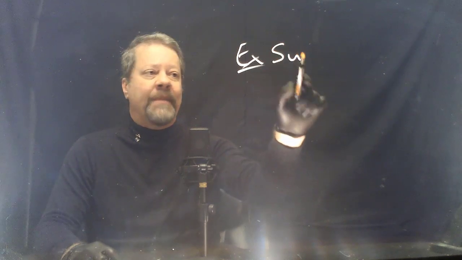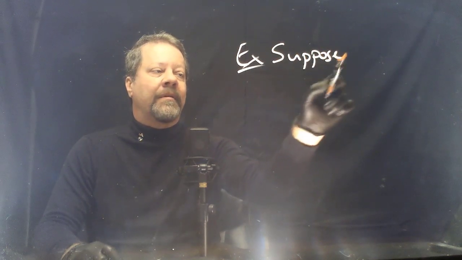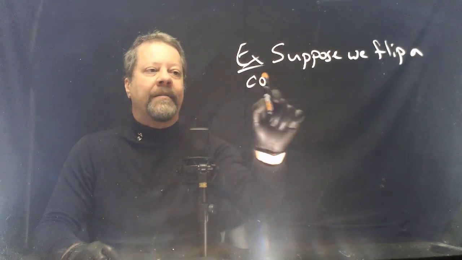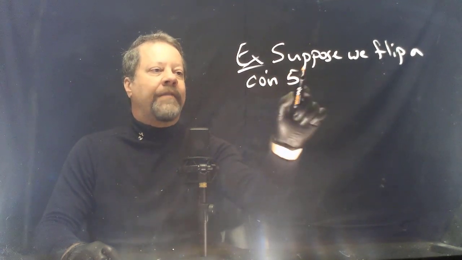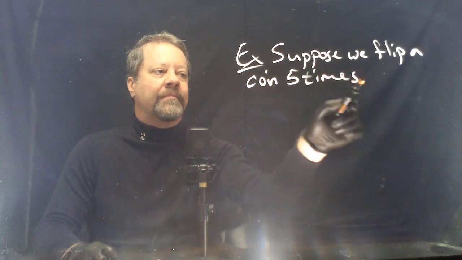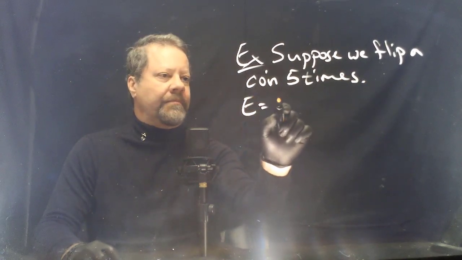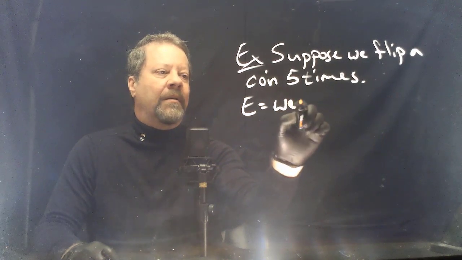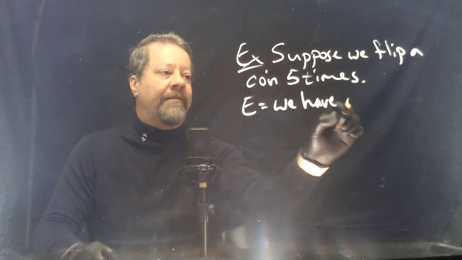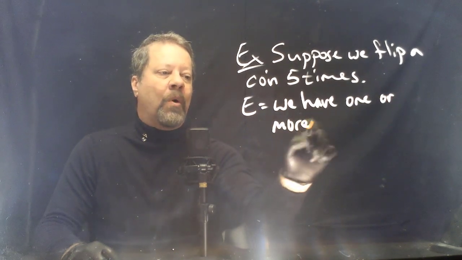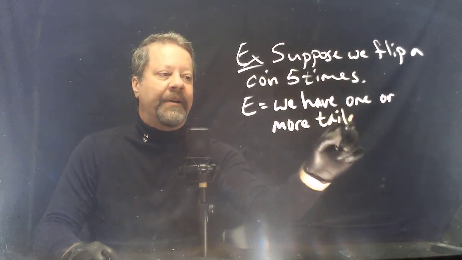As an example of an application of the last theorem, suppose that our experiment is to flip a coin 5 times. The event is we have one or more tails appear.